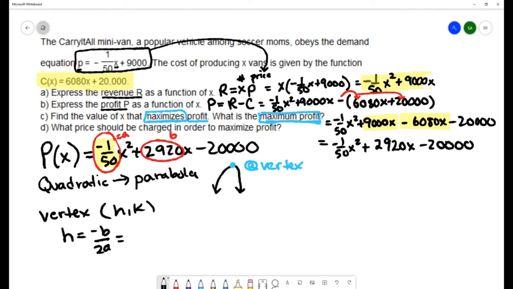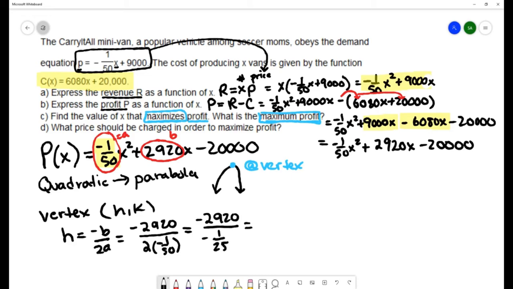So we have negative 2,920 divided by 2 times negative 1/50. That's negative 2,920. And 2/50 is going to reduce to 1/25, and that's still negative.